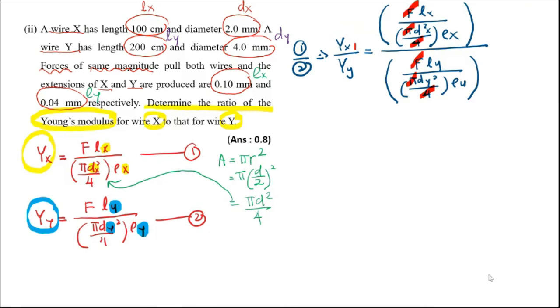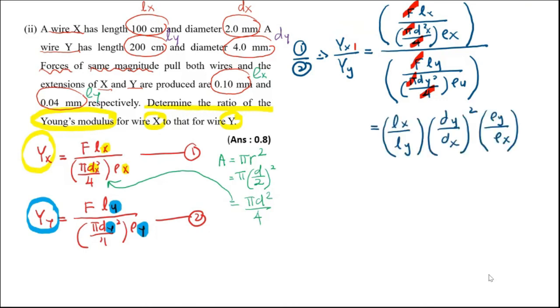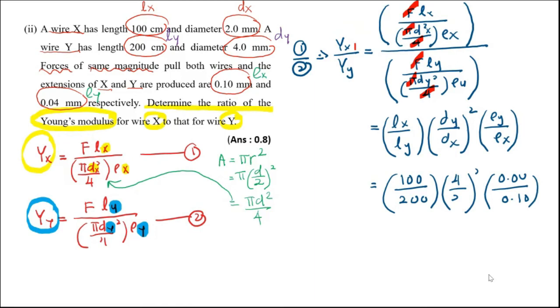All the information is given in the formula, so I just substitute the values to find the ratio between Young modulus x and Young modulus y. Right after I substitute the values, the ratio of Young modulus x to Young modulus y is 0.8.